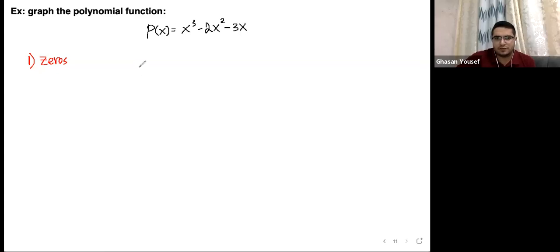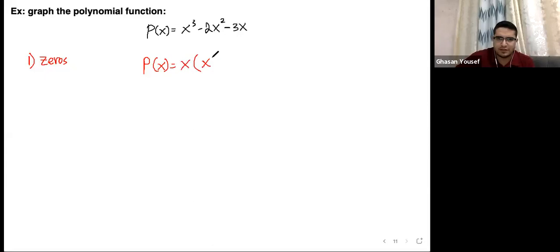We have to factor, right? What is the factor for this polynomial? How can we factor this polynomial? I think he should take out x. Exactly, take out the x.